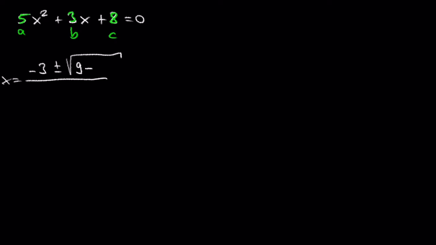Minus 4 times 5 is 20, times 8 is 160. We see here that 9 minus 160 is negative. Because we can't take the square root of a negative number, and because we haven't studied the topic of complex numbers, we can say that we don't have a solution for this problem. In other words, we don't have a real solution for this problem.